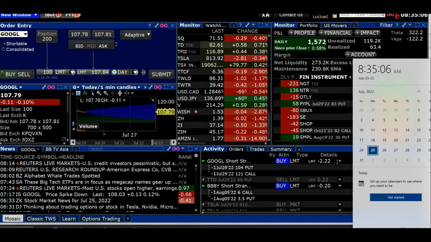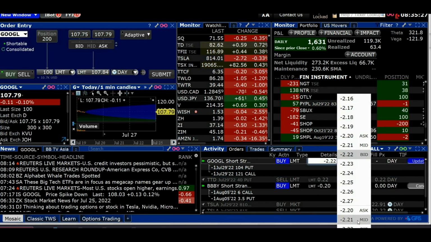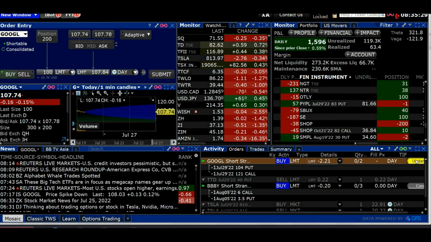But the other reason is because IV crush has been so successful that I've made the majority of the profits already, and because I don't want to take any more risk, I could close the position early with a profit. So let me lower this to, if I do 121, it might go through.